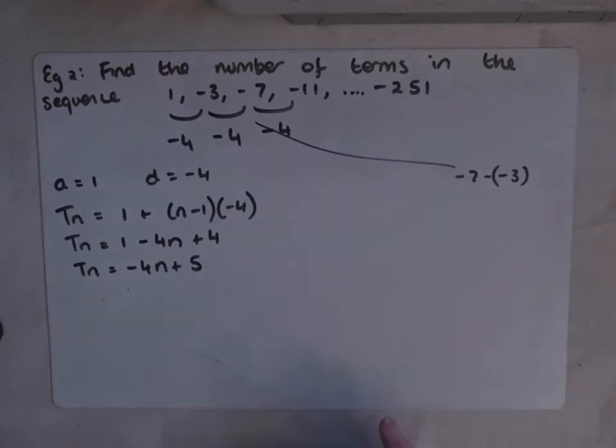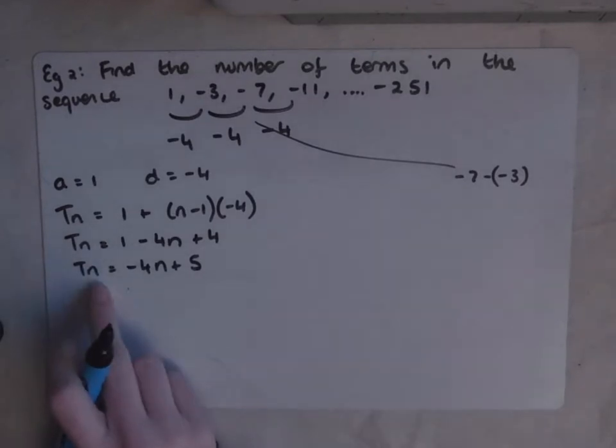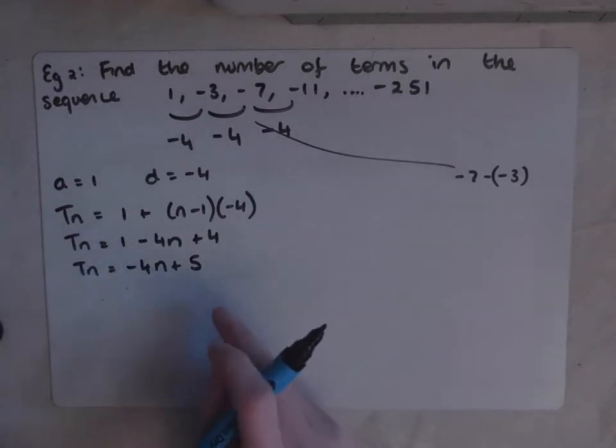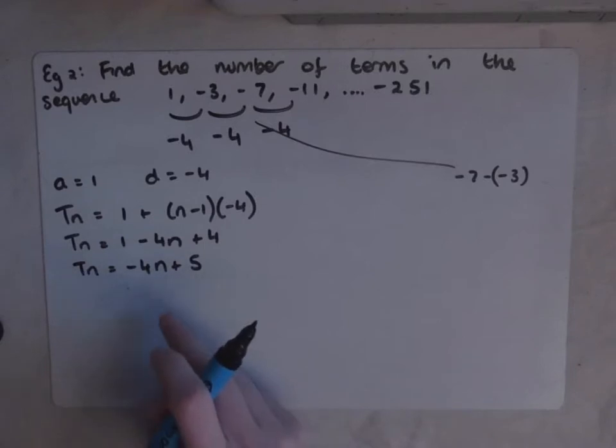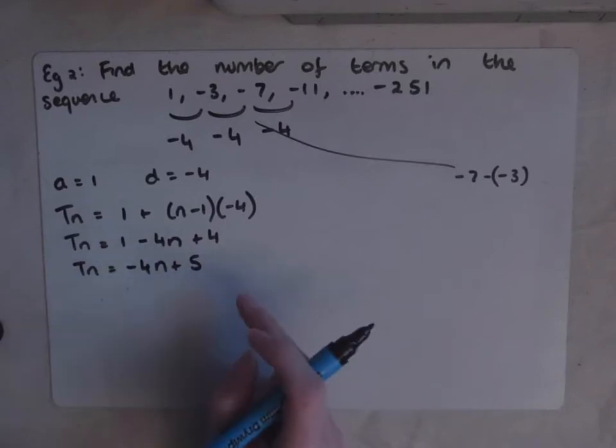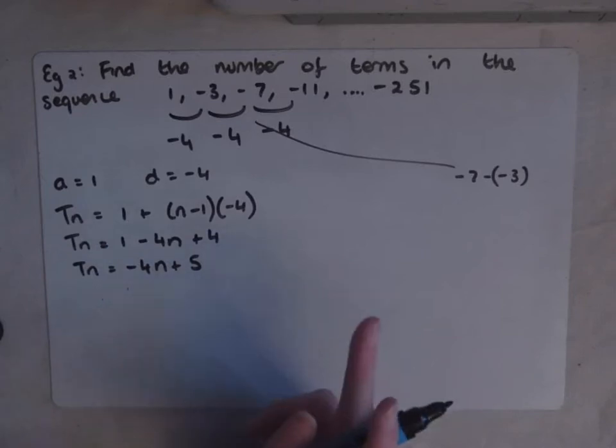So there's your general term. That allows me to find any term by filling in n, the first term, the second term, the third term. But if I put it equal to something, it allows me to find what term number that is.